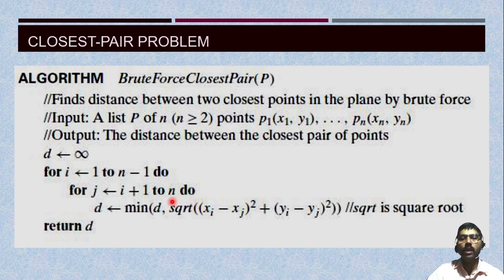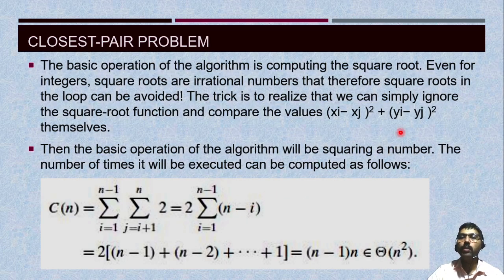So during analysis, it is better to remove the square root from the checking. Actually the basic operation is this one, but square root consumes more power. If we use only the square terms, it still gives the same answer. So in this case we use x square as well as y square, 2 terms, as the basic operation. That is explained here.